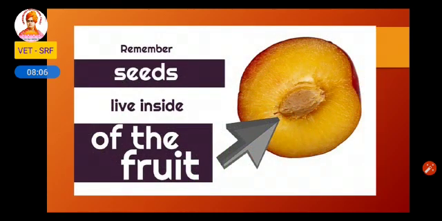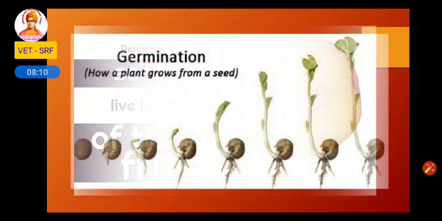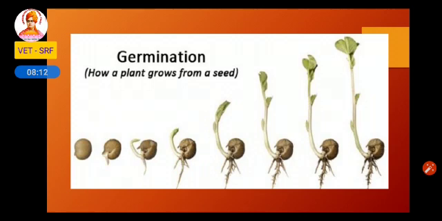Remember, seeds live inside the fruit. So, germination. Germination is nothing but how a seed grows into a new plant. So the process of growing seeds is called germination. Once the seed is planted in the soil, it receives water, nutrients, sunlight and air from the environment.